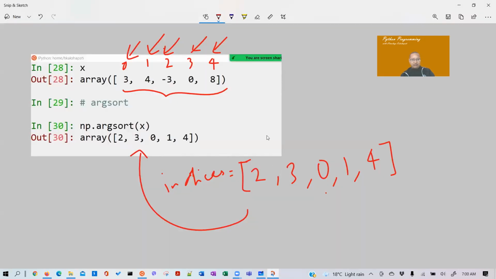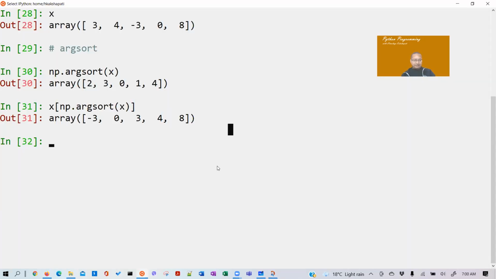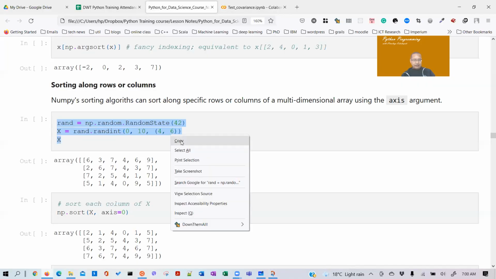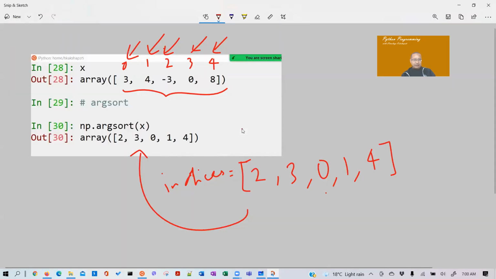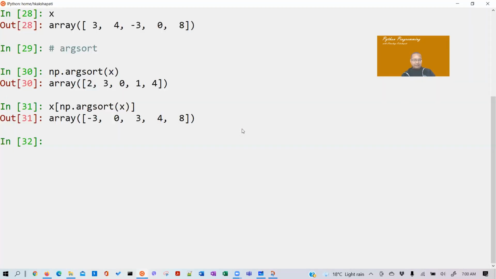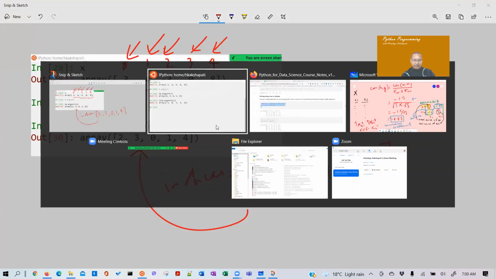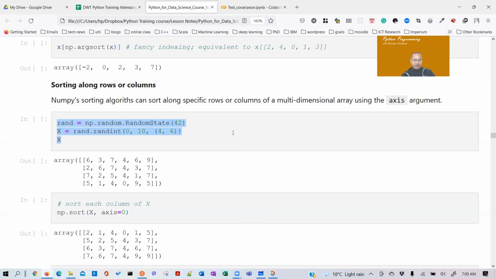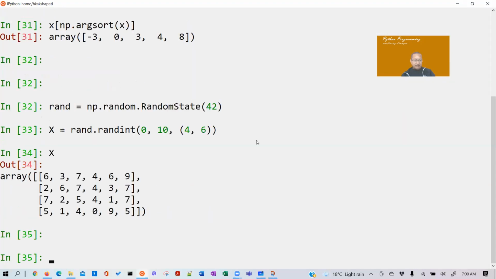So let's go back here. Copy again. Paste it here.